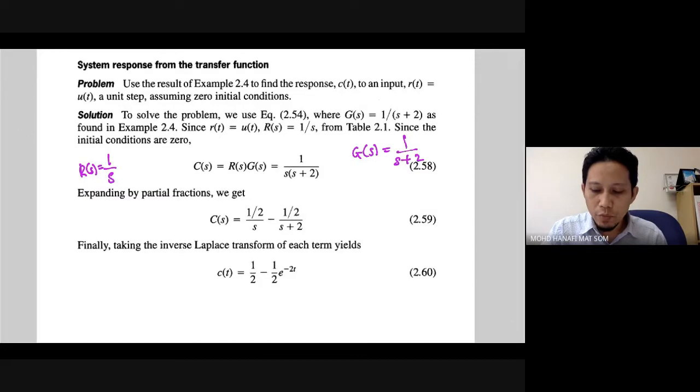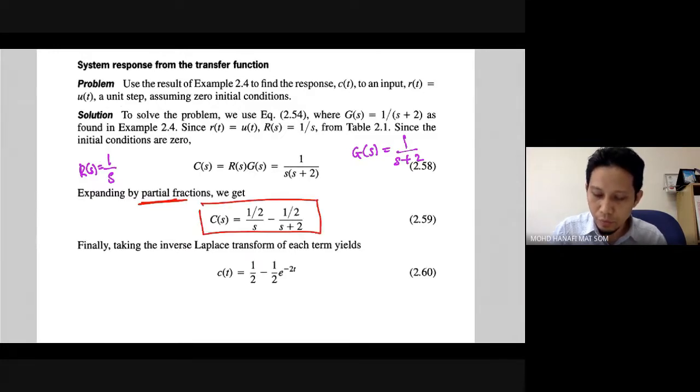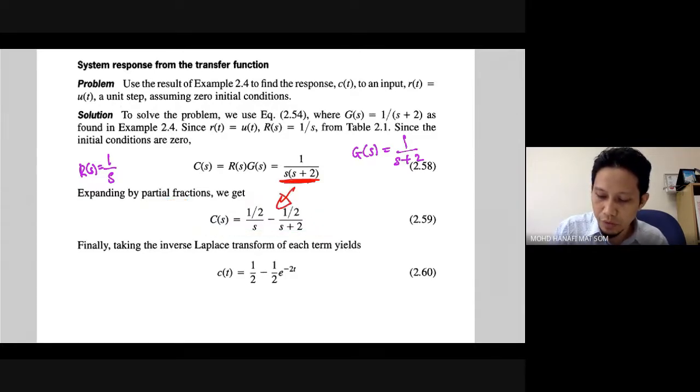Okay, so the output is C(s) equals R(s) G(s) equals 1 over s(s + 2). By expanding the partial fraction, this one you can get in the Laplace video, you can get how we can expand this term into this term.